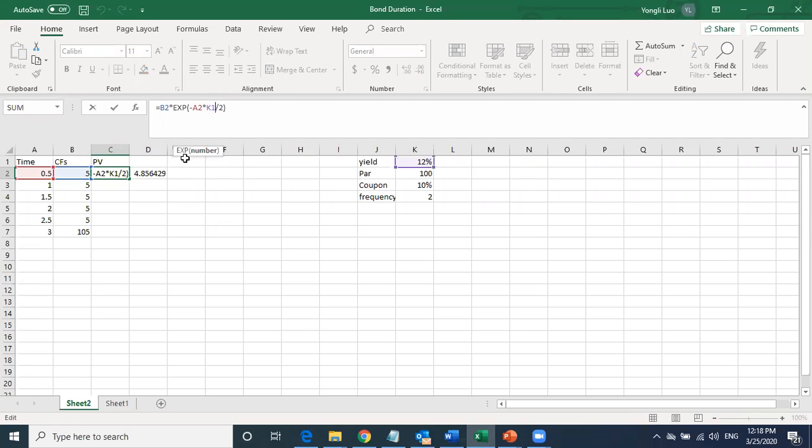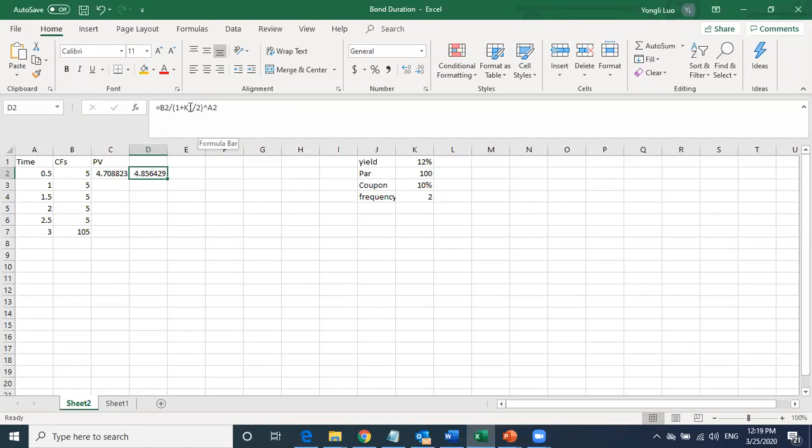Let me see this one, 12% annual rate. Okay, yeah, they already discount, this time is half a year. So we're using the yield 12%. It is already divided by 2 here in the time.